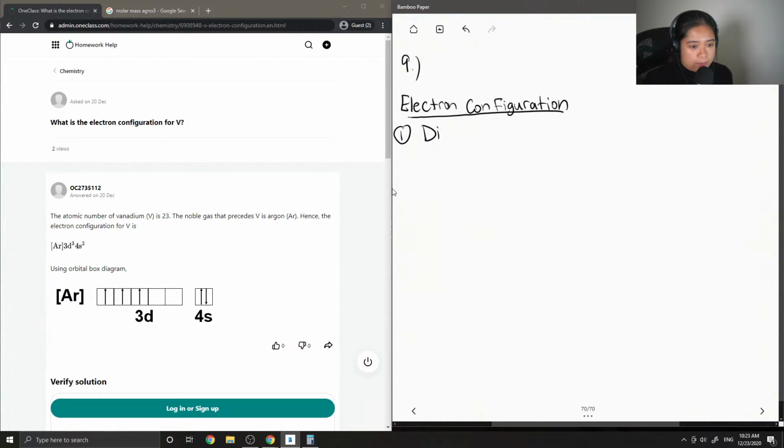So the first step is to divide your periodic table into sections.